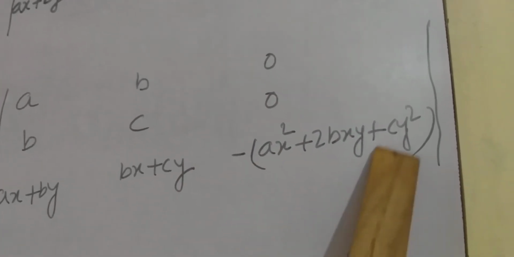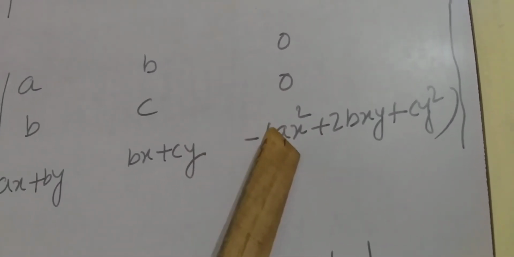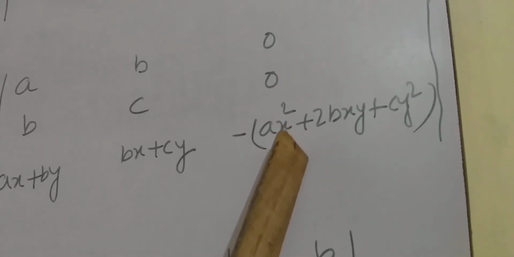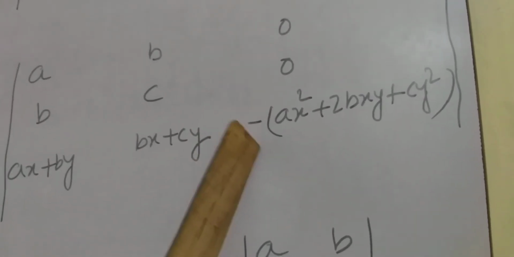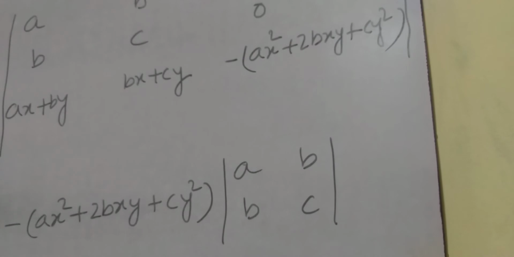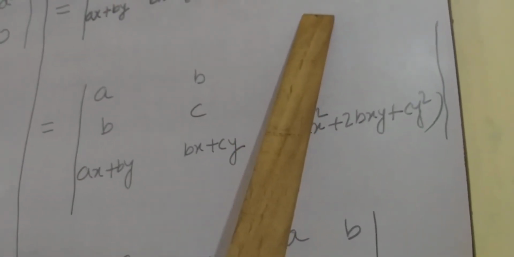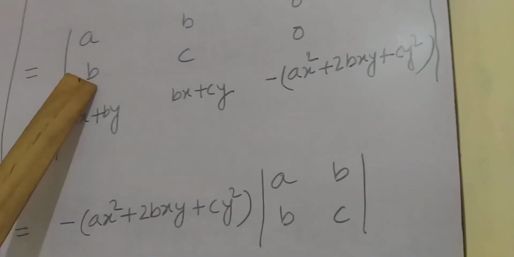It is at the place of A33, correct? So 3 plus 3 is 6, an even place, students. So this value will come as it is, no minus sign. Now delete its column and its row, students. The left part is this: A B, B C.